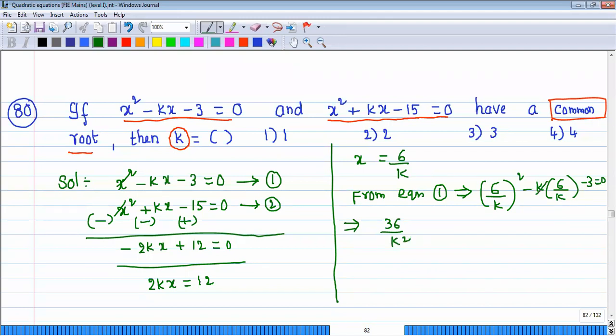This is k cancel out, minus 9 equals to 0. So 36 equal to 9k square. So k square is equal to 36 by 9, 4. So k equals to square root of 4. That will be either plus or minus 2. So plus 2 is there. So second option is the right option.